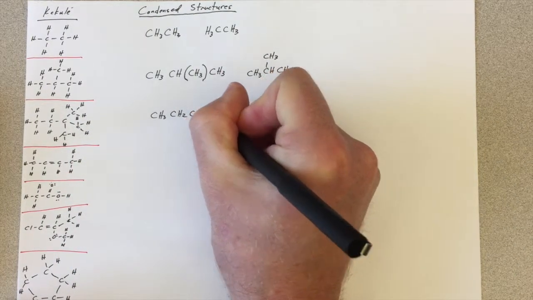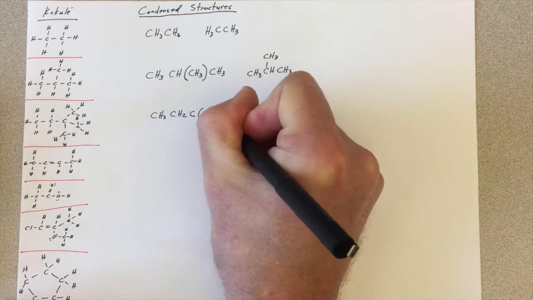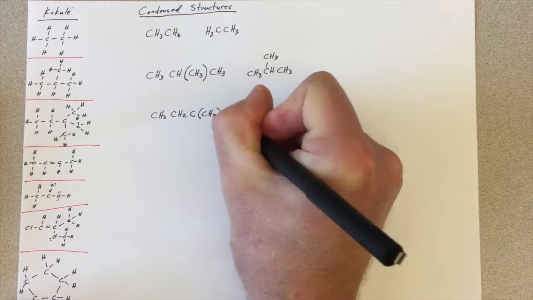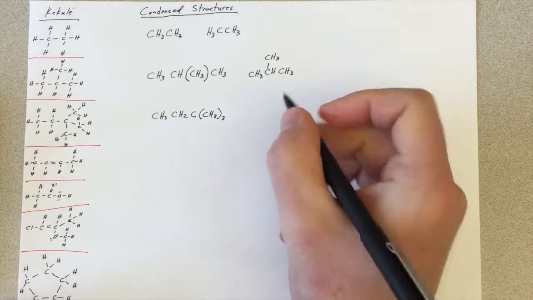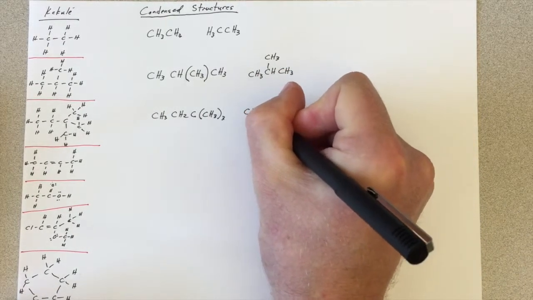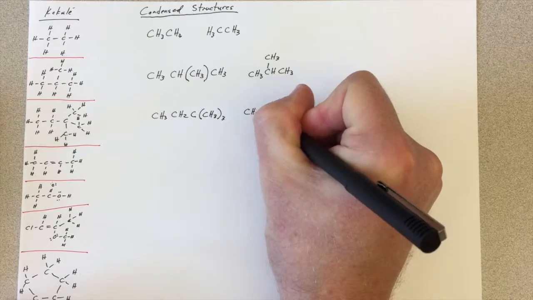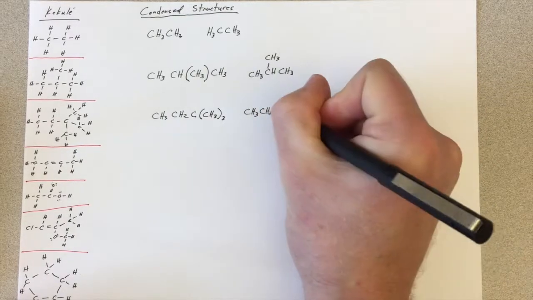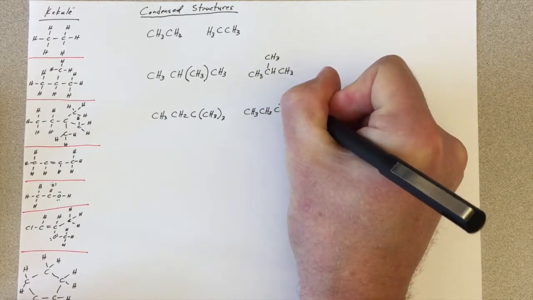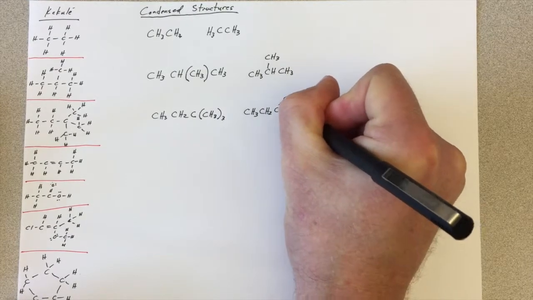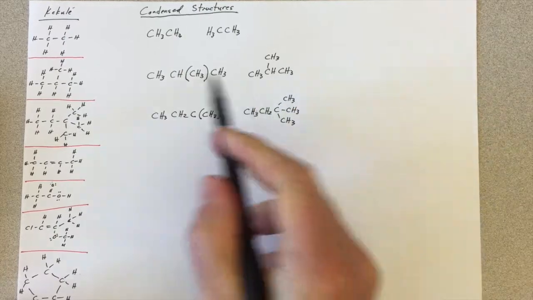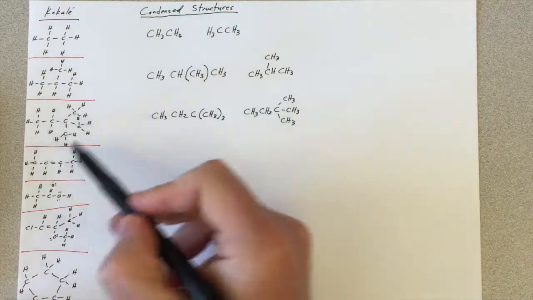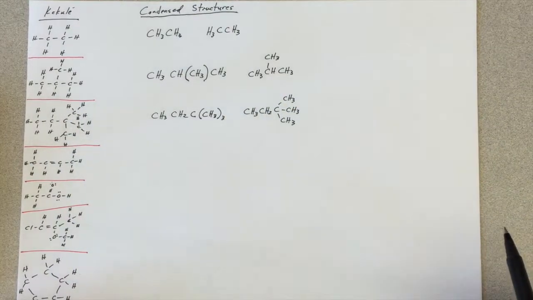And so again, I can indicate that we have some sort of branching by putting those in parentheses, (CH3)3. Or I could do something where I indicate that branching with bonds, right? CH3, CH3, CH3. Again, any of these options is a whole lot better than drawing the whole thing out.